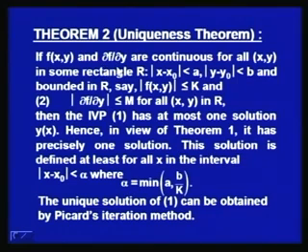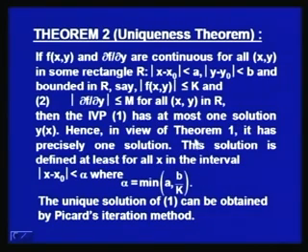So, if f(x, y) and its first order partial derivative with respect to y, that is ∂f/∂y, are continuous for all (x, y) in some rectangle R, that is |x − x₀| < a, |y − y₀| < b, and bounded in R, that is to say |f(x, y)| ≤ k and |∂f/∂y| ≤ m for all (x, y) in R, then the initial value problem dy/dx = f(x, y), y(x₀) = y₀ has at most one solution y(x).